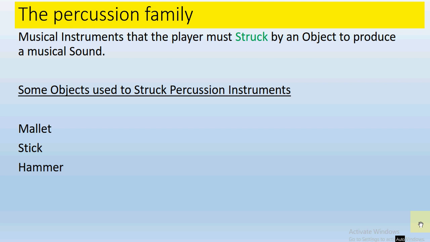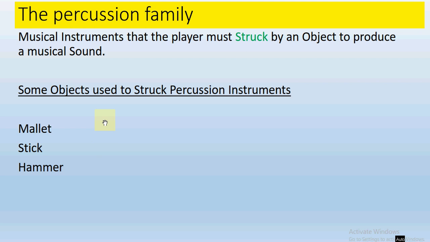Okay. So basically, for you to strike them, you need a mallet. It can be a stick, it can also be a hammer. But mind you, all of these have their own applications for a specific percussion instrument.